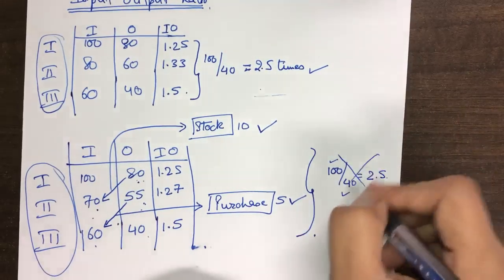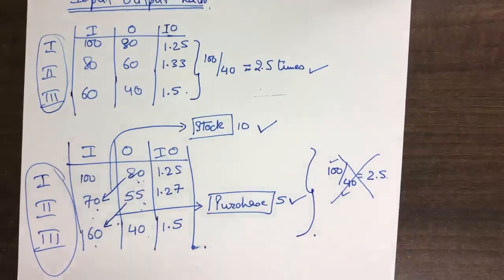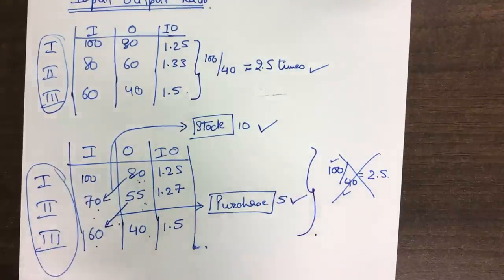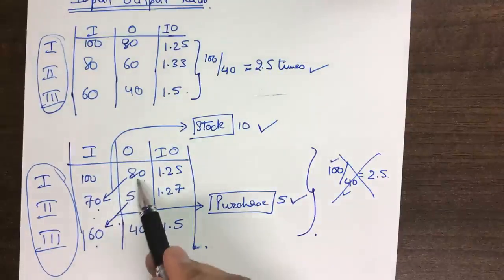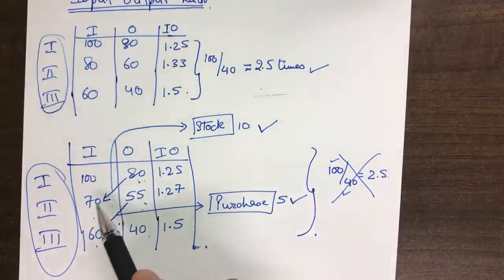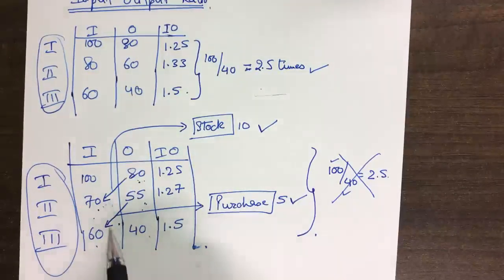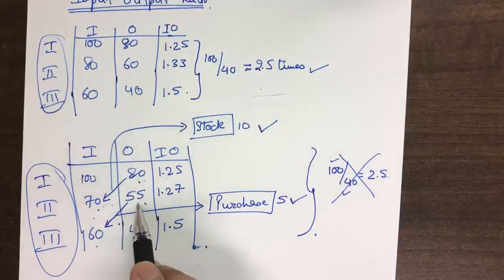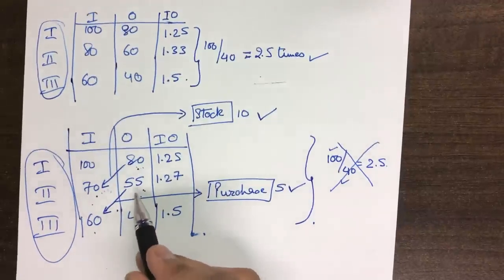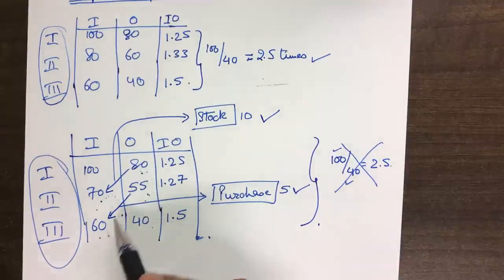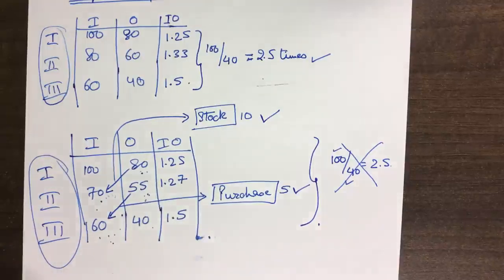Students, this is incorrect. Of course, we have introduced 100 units in process 1, but we have also reduced 10 units while infusing the inputs in process 2. Of course, we have created an output of 55 in process 2, but we have not introduced the entire 55 in process 3, but we have increased the input required in process 3.